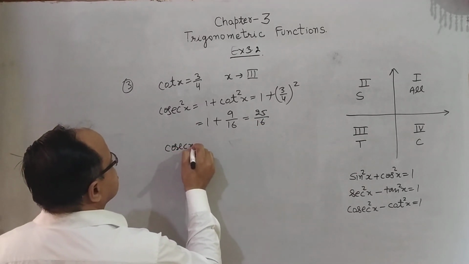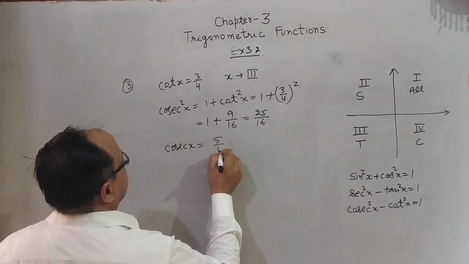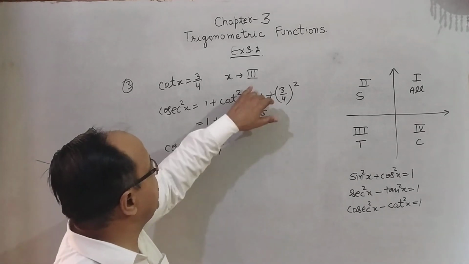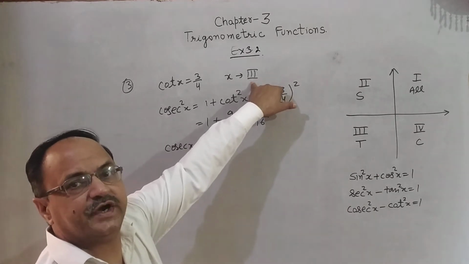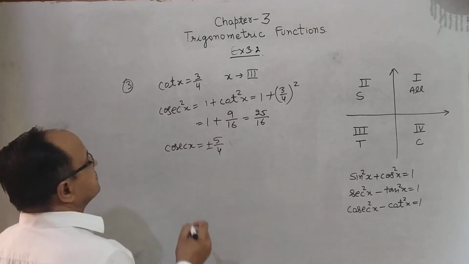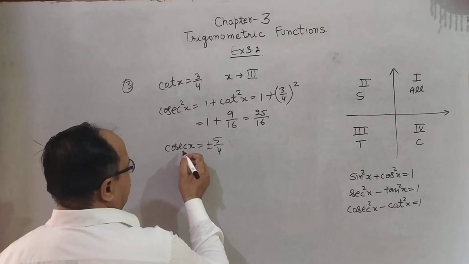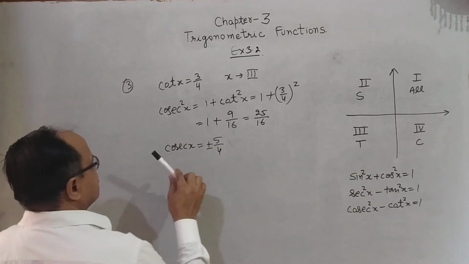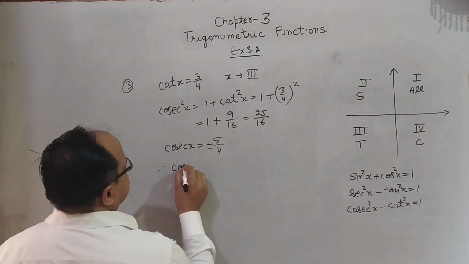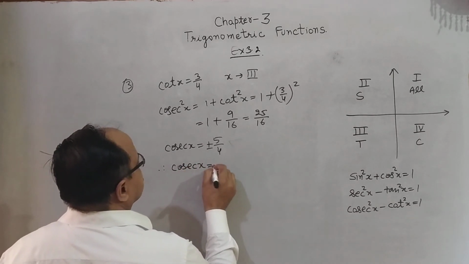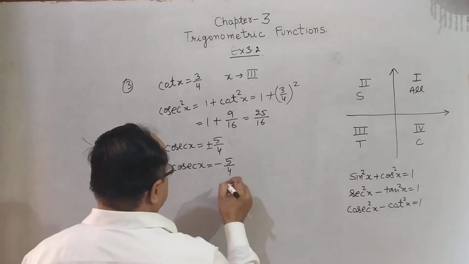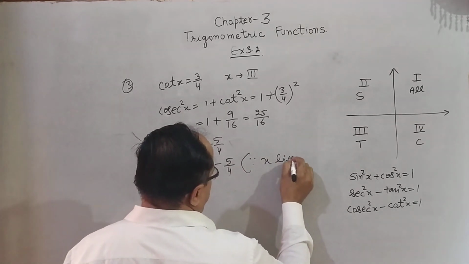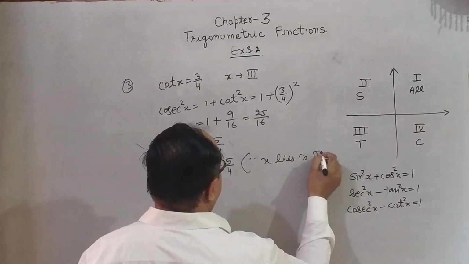Therefore cosec is equal to plus minus 5 by 4. But you know that x lies in the third quadrant, and in the third quadrant only tan and cot are positive. It means cosec x is negative 5 by 4.